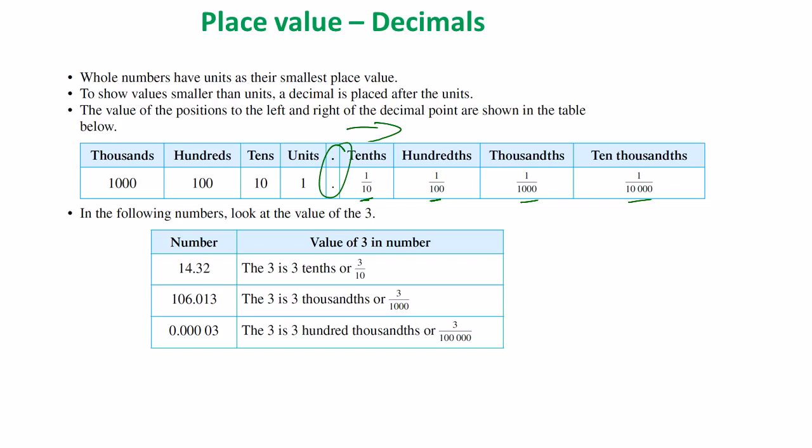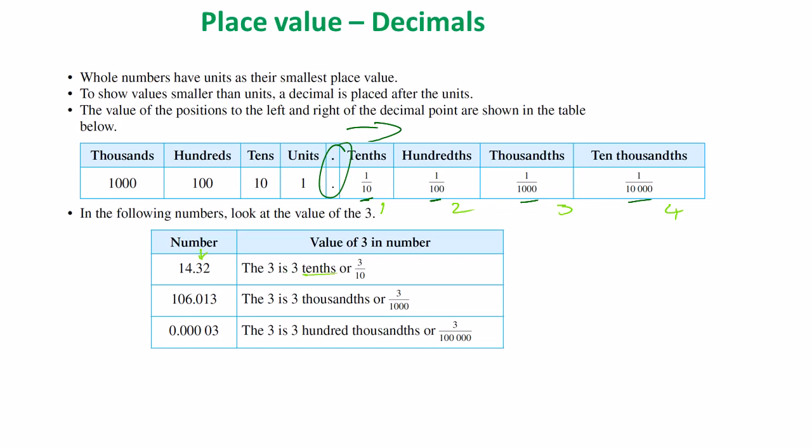Now, like the other time, from the right of where the unit is, from where the decimal point is, I like to number the positions as well. I like to call that position 1, 2, 3, 4, and potentially 5 and 6. Let's look at where the 3 is here. The 3 is in position 1 to the right of the decimal, and that means it's a tenth.